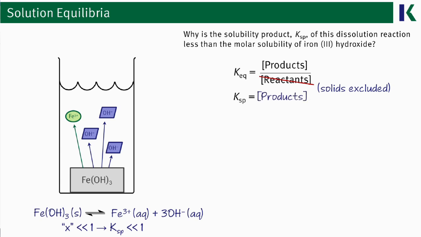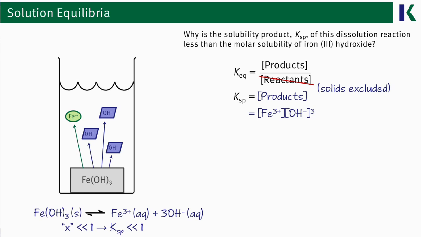What would be the equation for KSP in this system using the same rules as we use in KEQ calculations? We know that ions are always raised to the power of their coefficients in K equations. So our equation would be the concentration of iron multiplied by the concentration of hydroxide cubed.